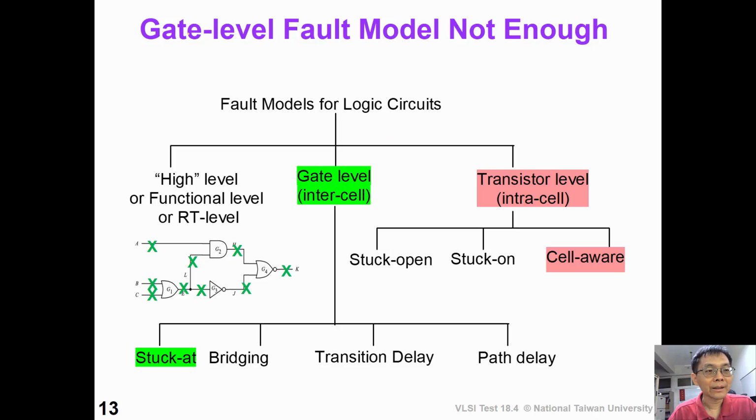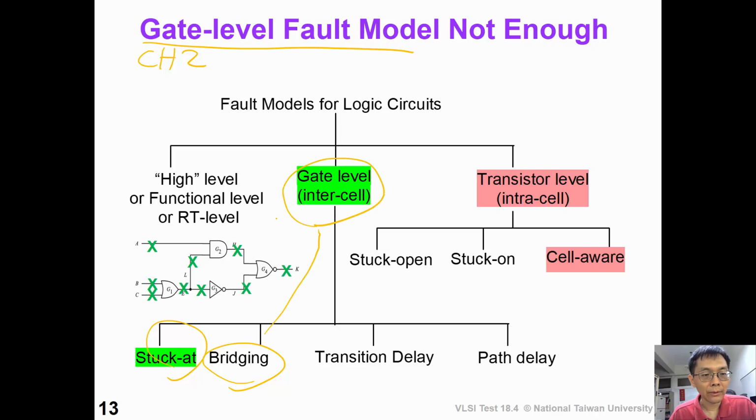If we look back to chapter 2, our fault model, we can see that the stuck-at fault model and bridging fault model are mostly based on gate-level fault models, which consider only the inter-cell faults. In modern technology, this may not be enough.